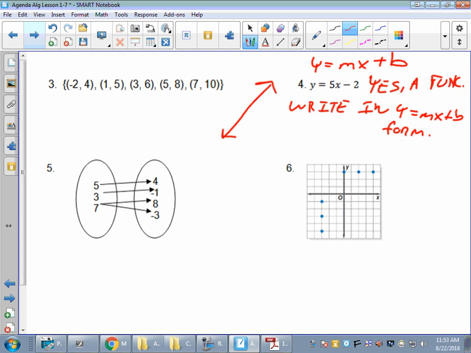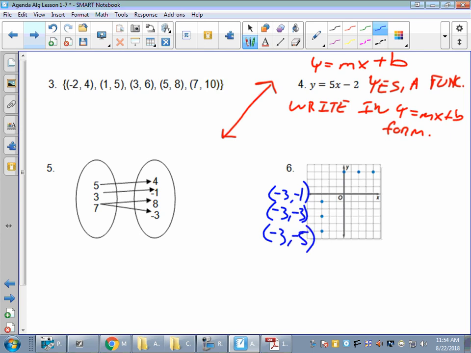Looking at number 6 with the graph, we're looking at these graphs here. If we just wrote out what these ordered pairs would be, this one here would be (-3, -1), (-3, -3), and then (-3, -5).